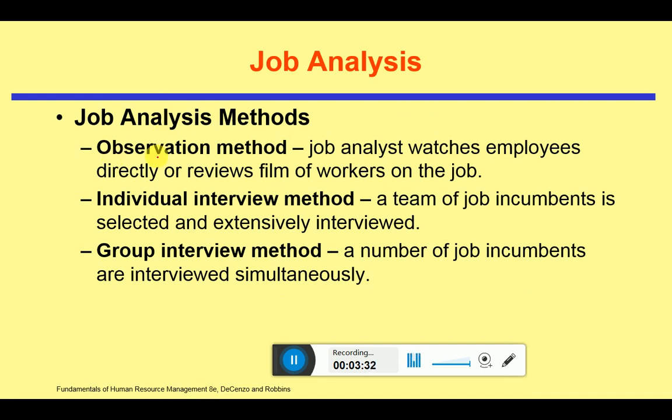The job analyst watches employees directly or reviews film of workers on the job. Simply stated, it is a technique in which data are gathered by watching employees work, either directly or through films of workers on the job.